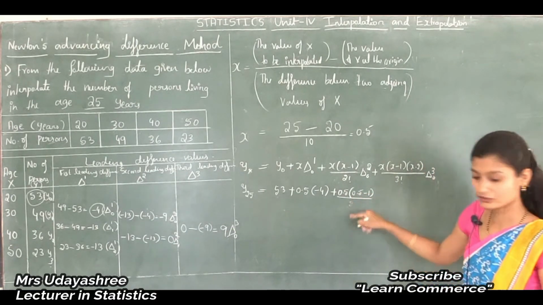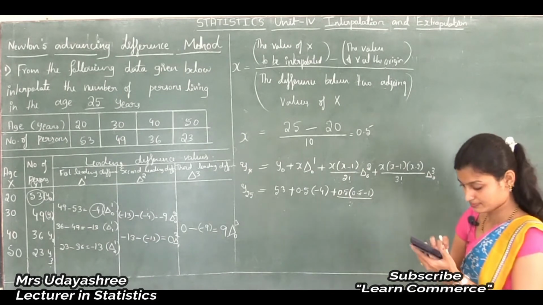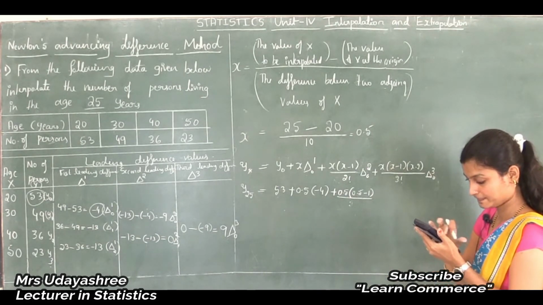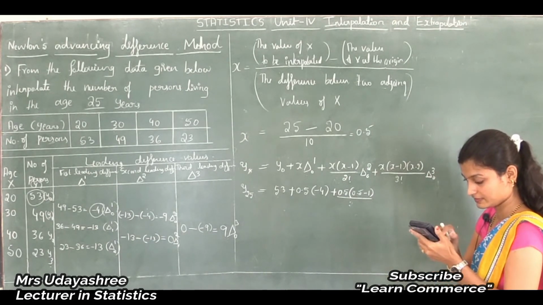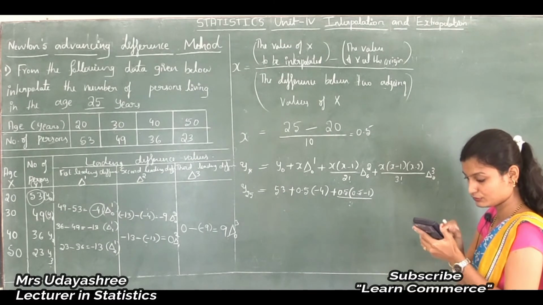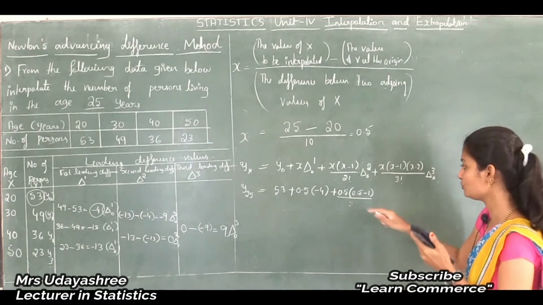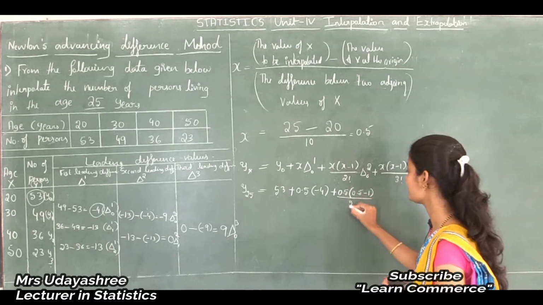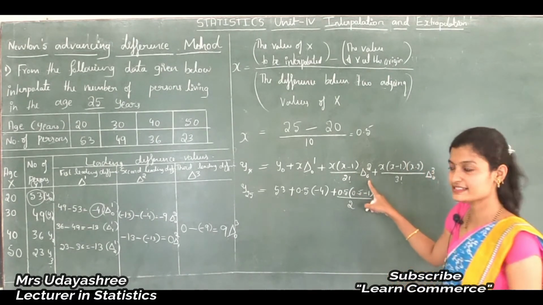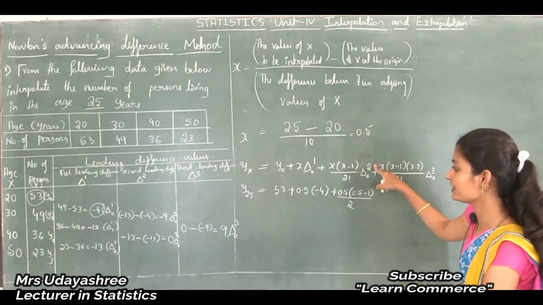2 factorial is 2 only, so in the place of 2 factorial I will substitute 2. What is delta naught 2 here?